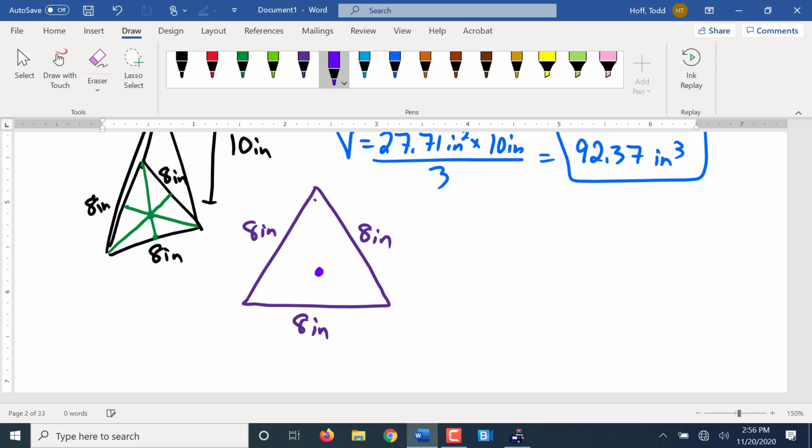So we're over that point. I draw it in a little bit better here. That point, if I draw in this line, is actually 1/3 of the way up that altitude. But I don't know the length of that altitude. But I could.